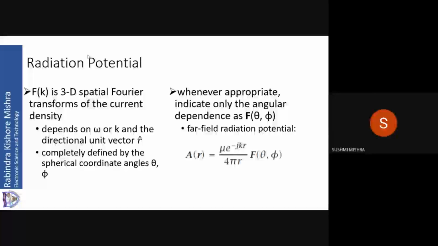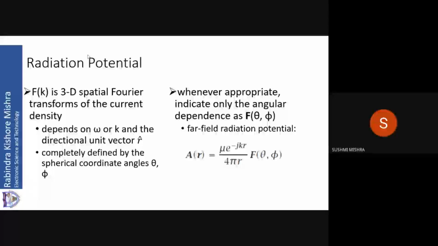Now this vector, this AR vector, in this form, we call the radiation potential instead of vector potential, since we are considering the radiation field, or the far field zone only. So f theta phi, therefore this potential we call the radiation potential.